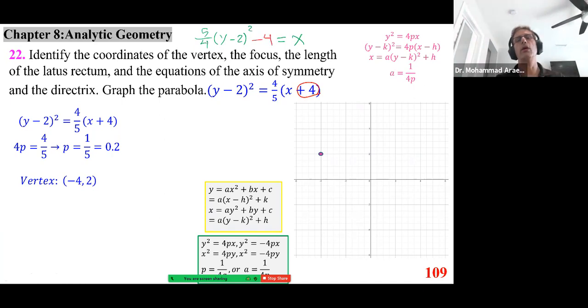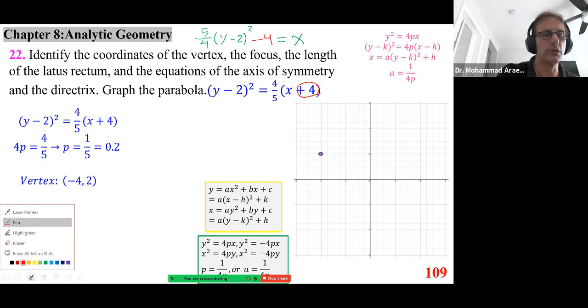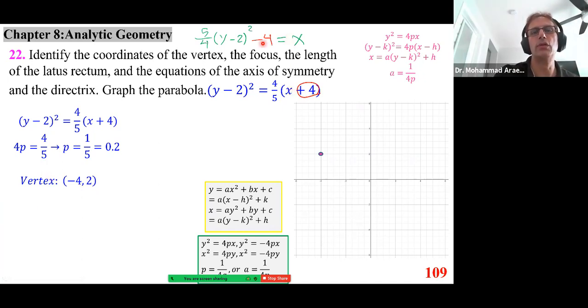I'm going to take it to the other side and make it minus 4. I hope you see what I've done. So I'm going from here to here. Because y has degree 2, it opens to the right or left. Because this is positive, it opens sideways. And that's really the idea.